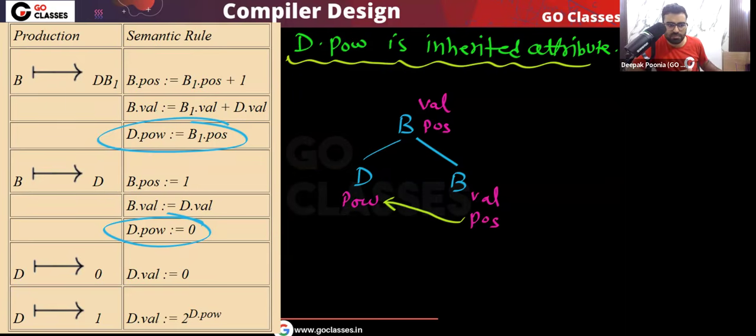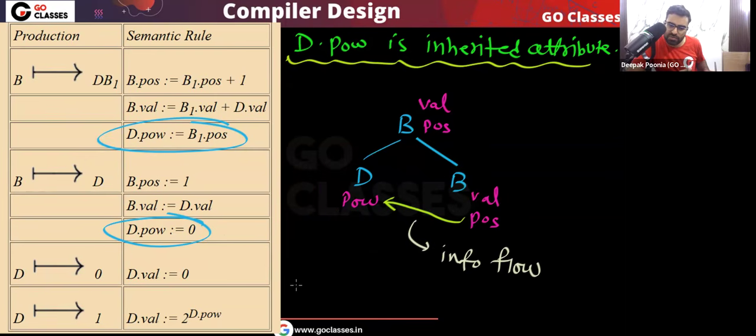So very simple. This is the flow of information, this is the information flow. It means first you will calculate B dot POS, then you will calculate D dot POW.